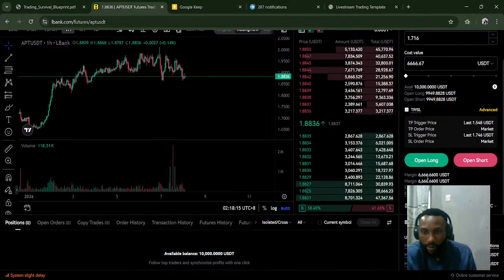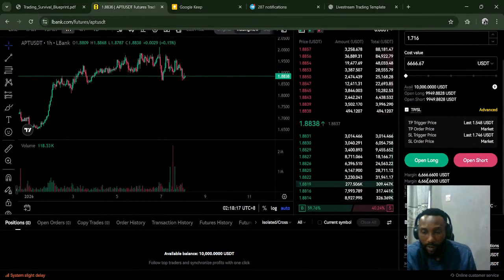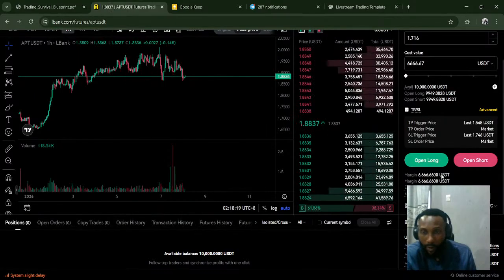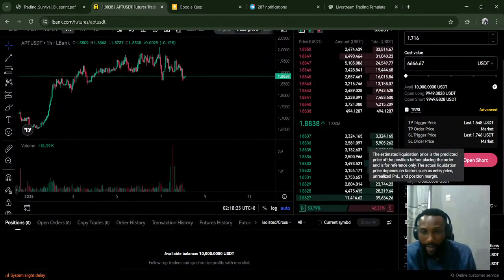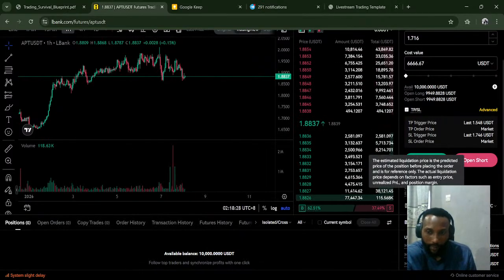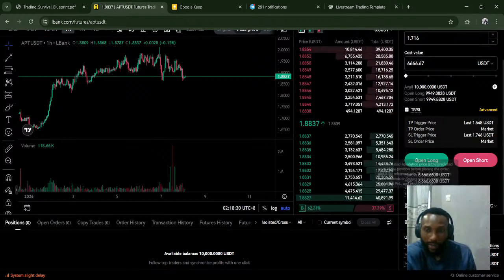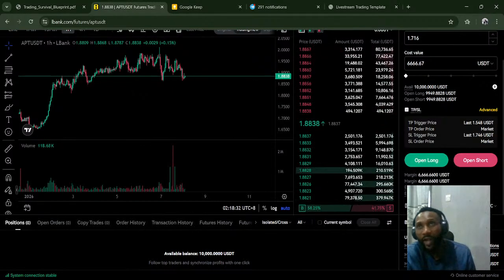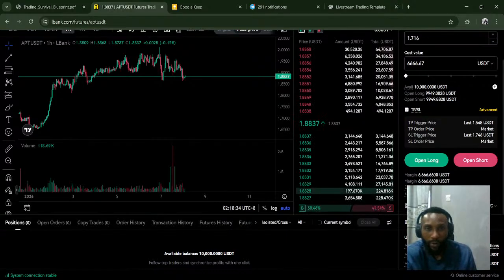This is our margin, from our calculations. Now see the estimated liquidation price. It is showing that our calculation was very correct.